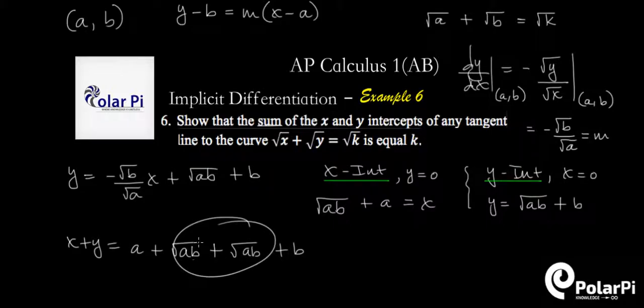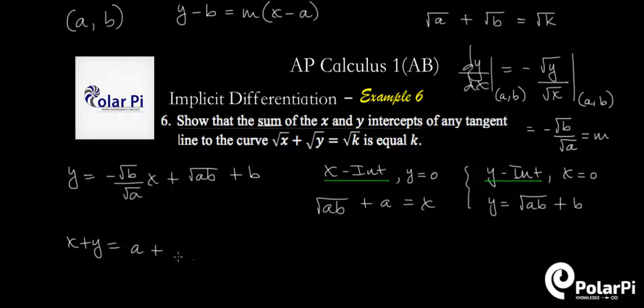But wait, we can combine these into 2 root AB. So let's write a plus 2 times root AB and then plus b. And what we have to do is show that this is going to equal k. Question mark. Is it?